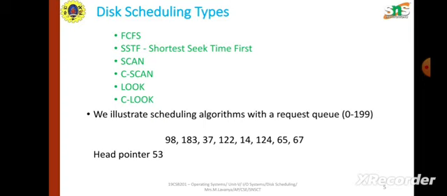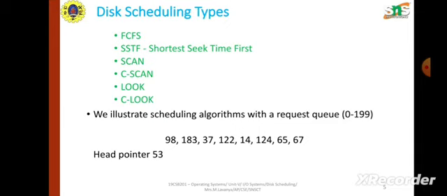Let's go directly to the problem. In this problem, the sequence of request accesses for the cylinders is given as input. That is 98, 183, 37, 122, 14, 124, 65 and 67 are the request sequence for accessing the disk.